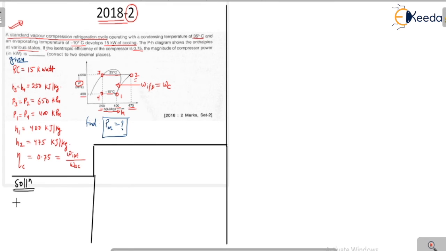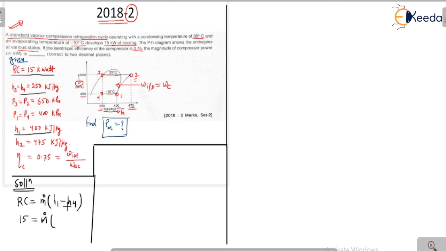Here you can apply: the refrigeration capacity is given, and you can write your refrigeration capacity as mass flow rate times the refrigerating effect, that means H1 minus H4. As per the question you can find your mass flow rate, because refrigeration capacity is given as 15 kilowatt, mass flow rate is unknown, and H1 and H4 values are known.